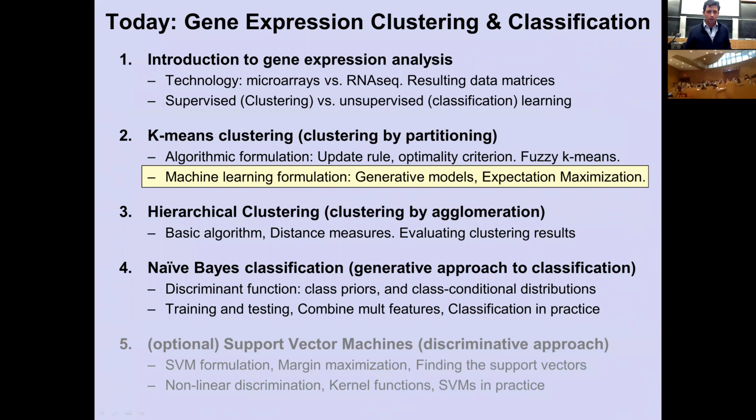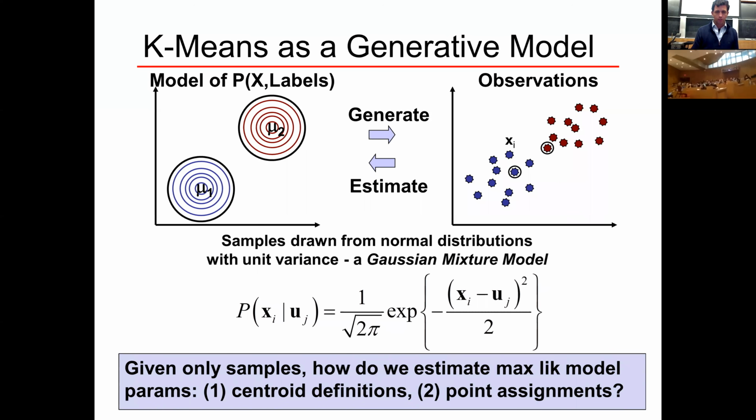And now let's actually step back a little bit and reinterpret everything that we saw. It was a nice little recipe, but now let's reinterpret it as a generative model. So what K-means does is that it effectively assumes that there are these centers that generate points, that spit out points. It's a generative model.